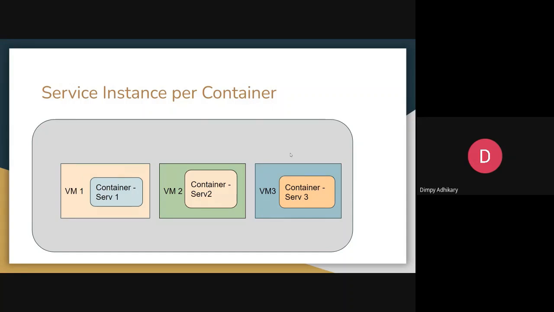I can create my containers in a virtual machine, and I can link or control those containers from Kubernetes or any other orchestration tool. I can manage everything from one place.